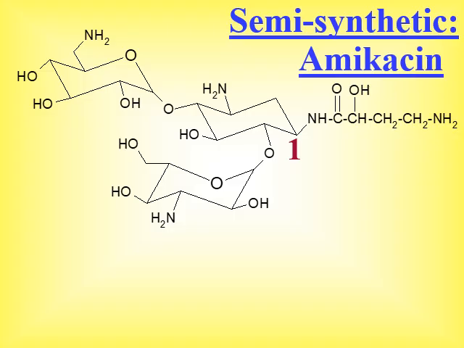So amikacin is a semi-synthetic antibiotic from the kanamycin. Here we substitute the amino group in the first position of the 2-deoxystreptamine by L-gamma amino alpha hydroxybutyric acid. Here we find that the L derivative is more active than the D isomer.